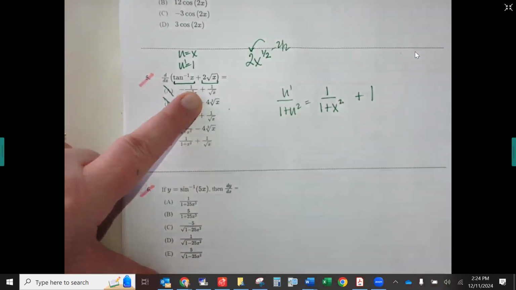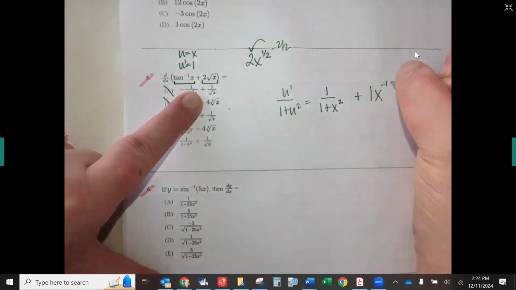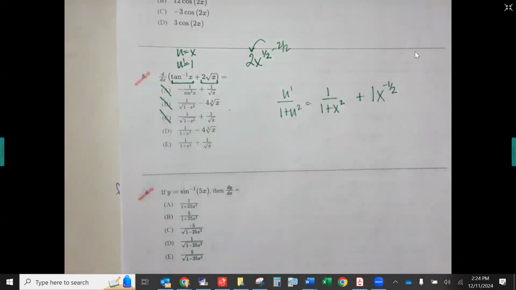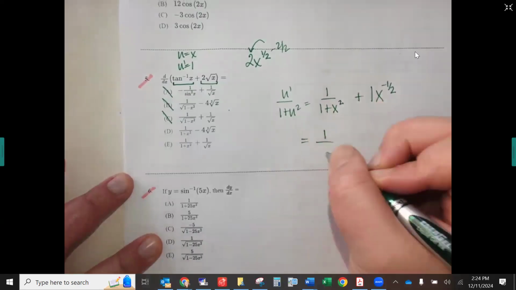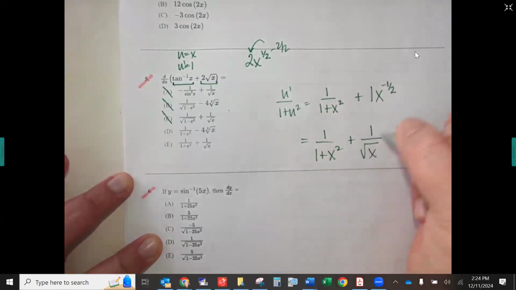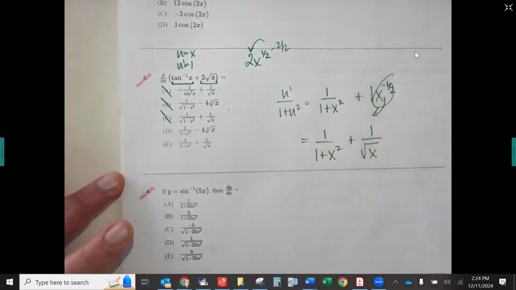What's 1/2 take away 2/2? Negative 1/2. And now look at your answer choices. We already know it's one of these two. Which one's going to be right? E, because what does the negative mean? That really belongs in the denominator. So it would be 1 over 1 plus x squared, 1 over square root x. You just bring it down to the bottom.